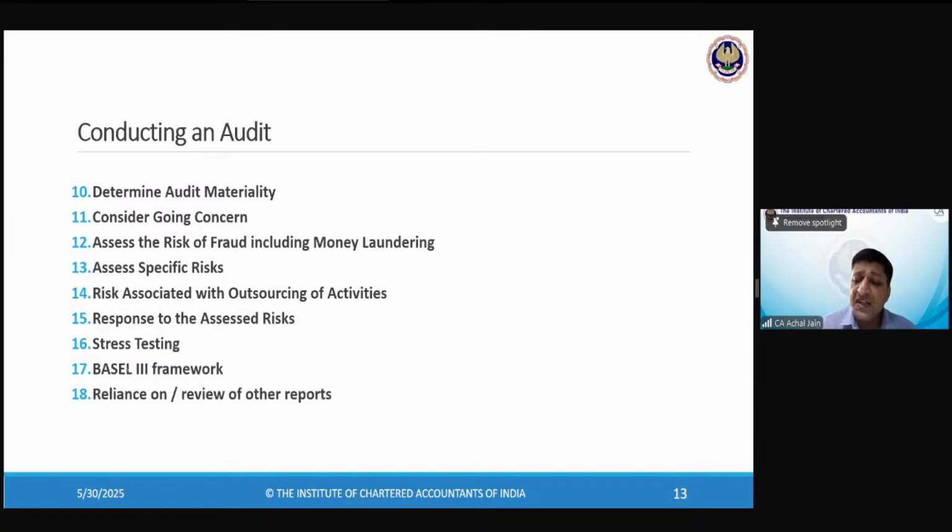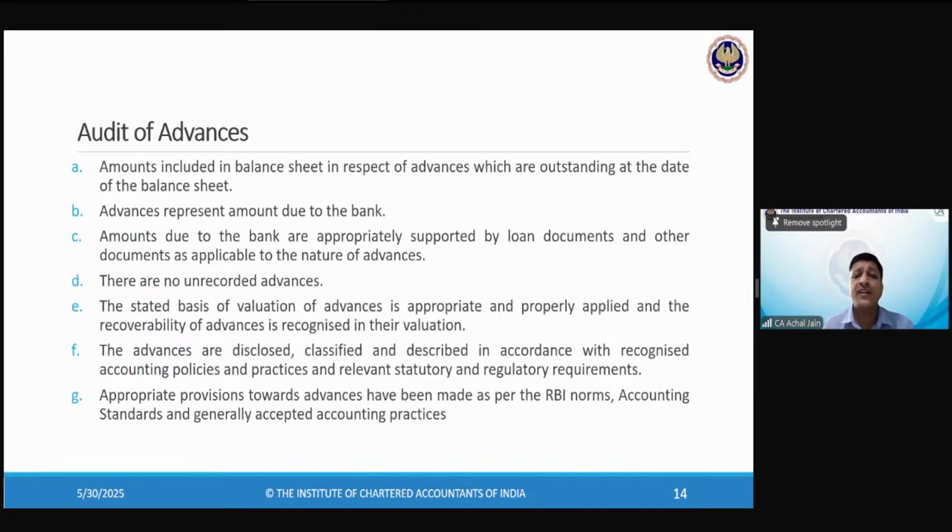Correct. At the same time, you can also have some specific audit procedures, like the one which is now there on the screen. Further, when it comes to the advance, some of the important audit procedures will always be the checking of the underlying documents, which has to be the agreement. Okay.